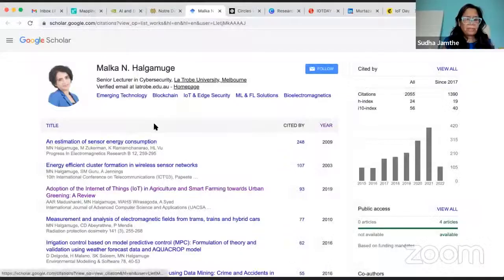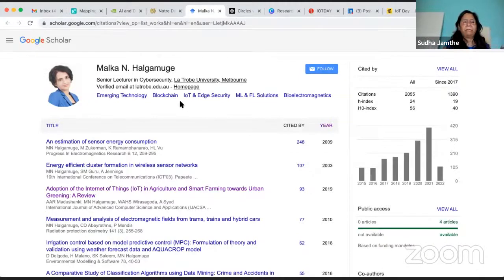So let me go back. Let me show you one of the researchers that I admire. This is Professor Malka Halgamuge. She teaches at La Trobe University in Melbourne. In fact, on IoT Day, we are going to kick off with Professor Halgamuge's talk, because our plan for IoT Day is to run for 24 hours.